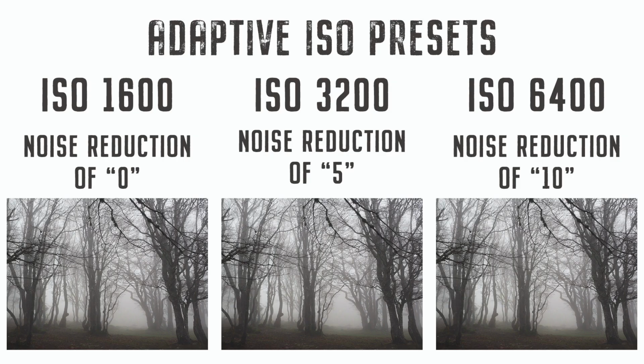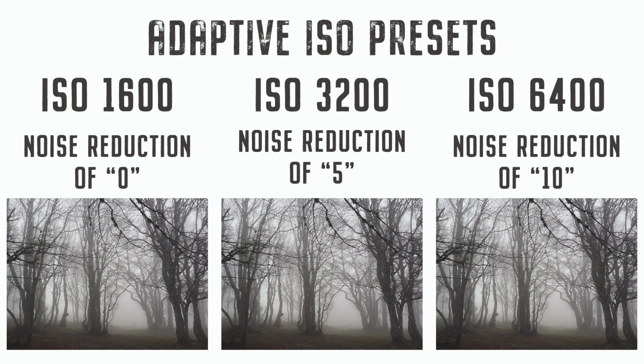Adaptive ISO presets work like this. First of all, you need to know this is a preset. You do need to save these, and you're going to need two different images for this to work. In this diagram, we have the same image. And assuming that the first image was shot with an ISO of 1600, the second with 3200, and the third was shot at ISO of 6400. If we set the first image to have a noise reduction of 0, and then we take the last image and tell that to have a noise reduction of 10.